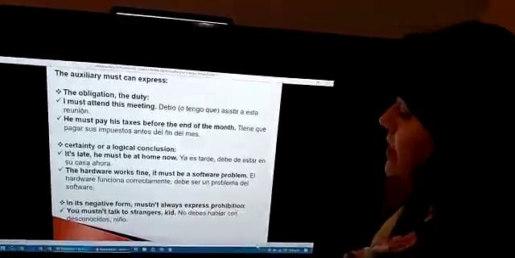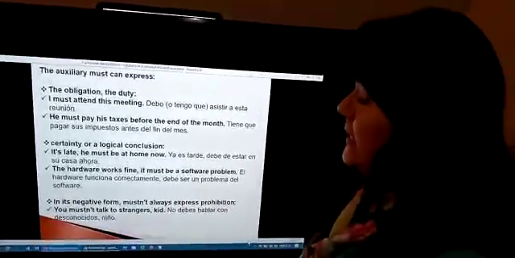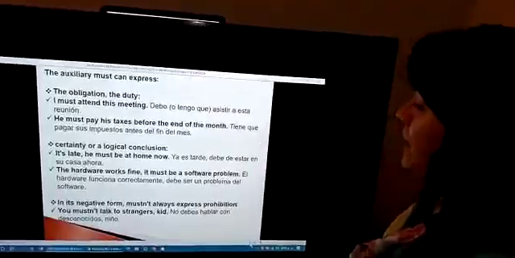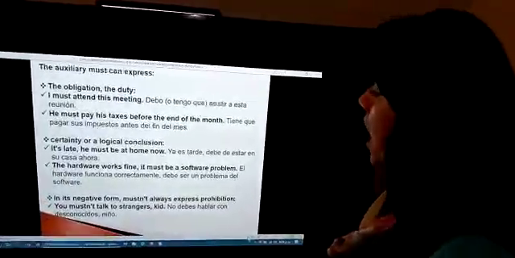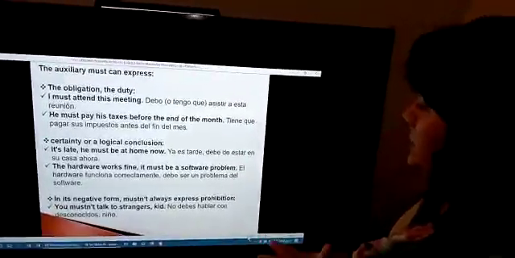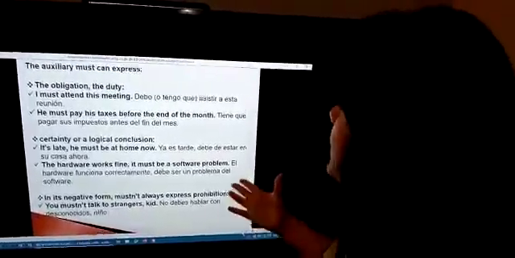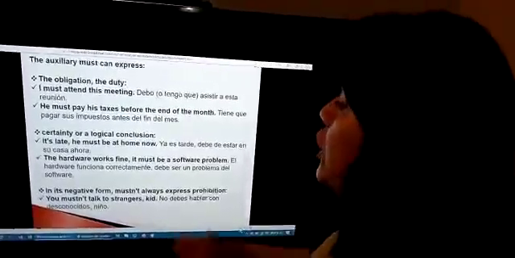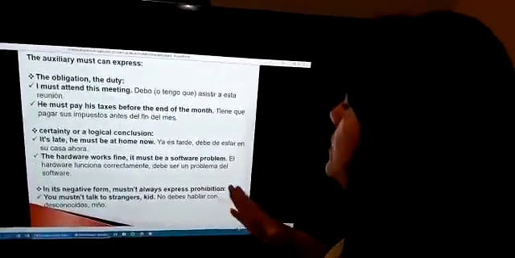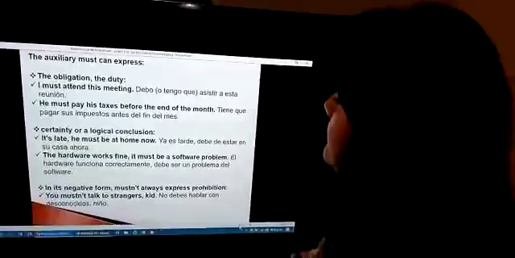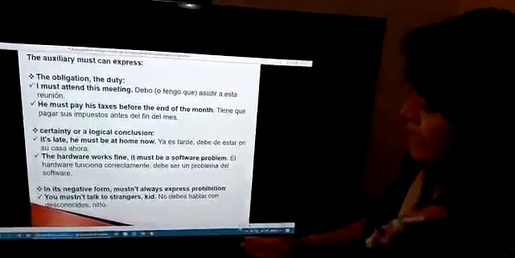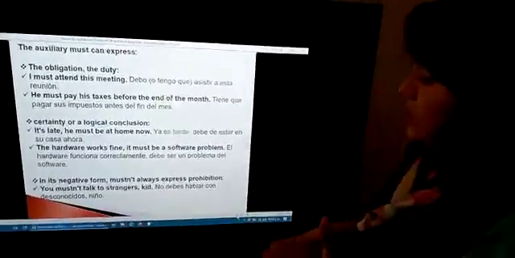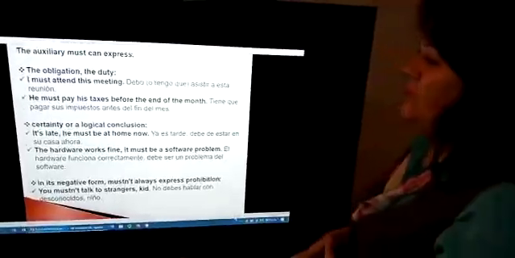The next use of must is its negative form. Mustn't is negative and always expresses prohibition. What is prohibition? You mustn't talk to a stranger, kid. This is the example in English. In Spanish: no debes hablar con desconocidos, niño.